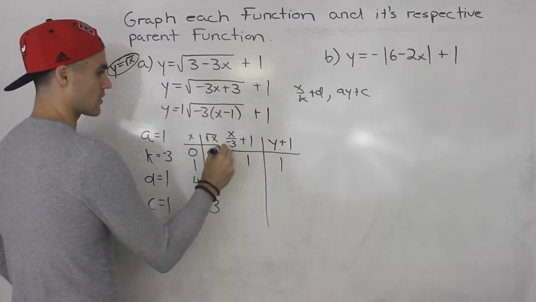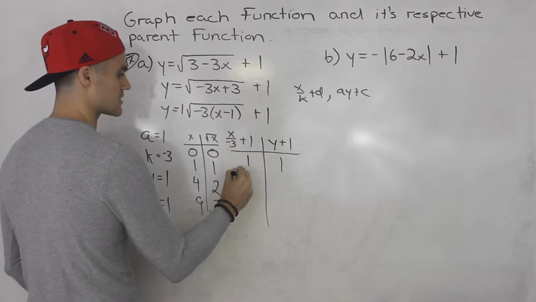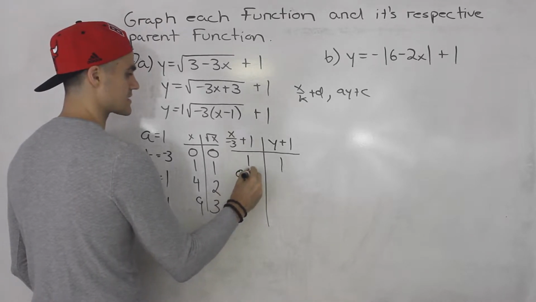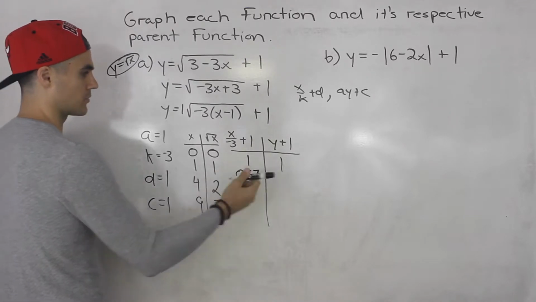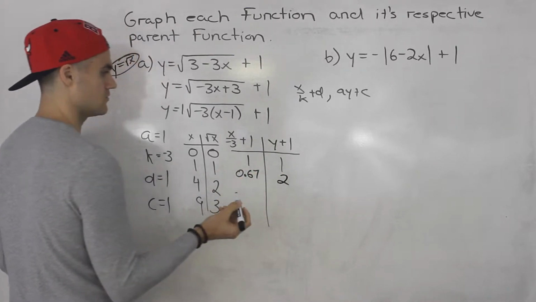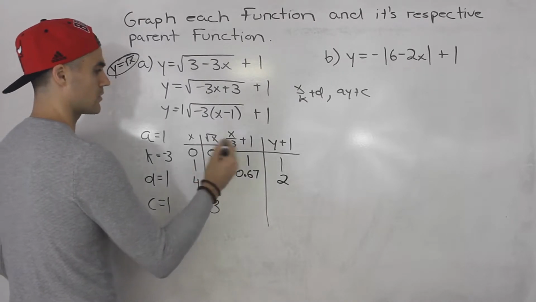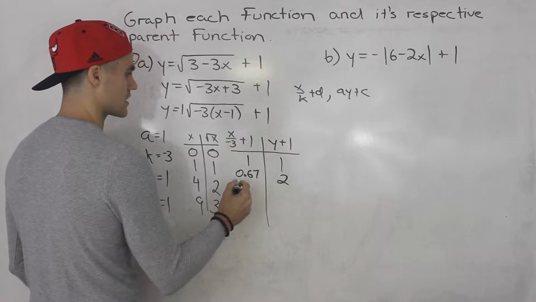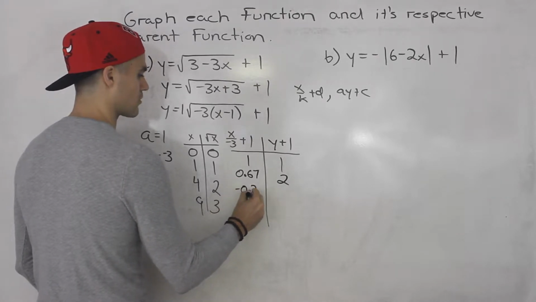1 divided by negative 3 is negative 1 over 3 plus 1. That gives us 0.67. And then 1 plus 1 gives us 2. And then 4 divided by negative 3, negative 1.33 plus 1 gives us negative 0.33.